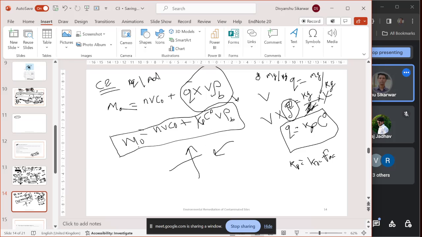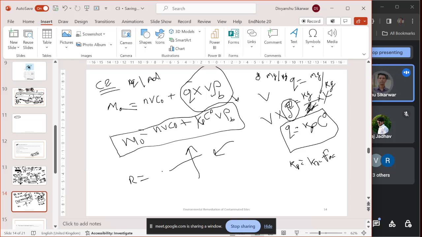So there will be a time difference if the contaminant is only aqueous as compared to if the contaminant is both aqueous and adsorbed. That extra time required can be captured in the form of the retardation factor. Because of the adsorption of the contaminant on soil, there is retardation in the removal of the contaminant.